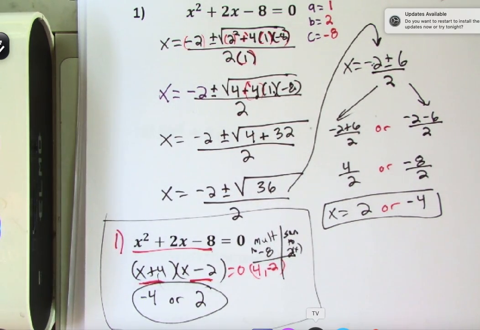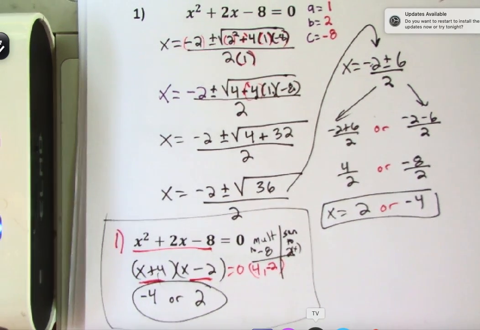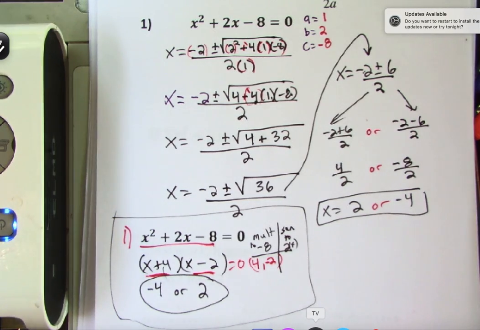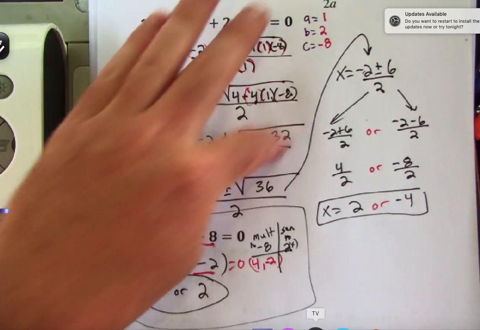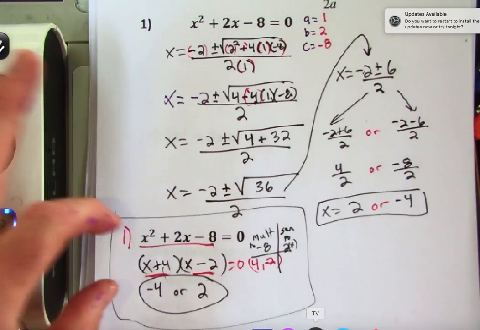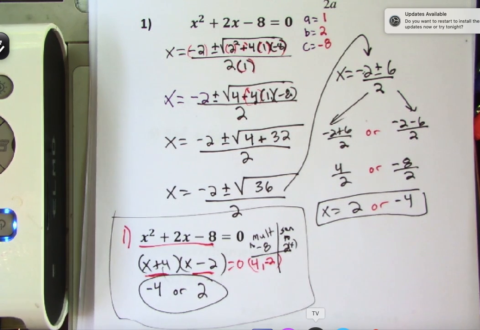So why did we learn how to factor? Well, if you had an option to use the quadratic formula to get the answer, or try factoring, which one would you choose? It's clear, right? Factoring takes way fewer steps and might be a little simpler.